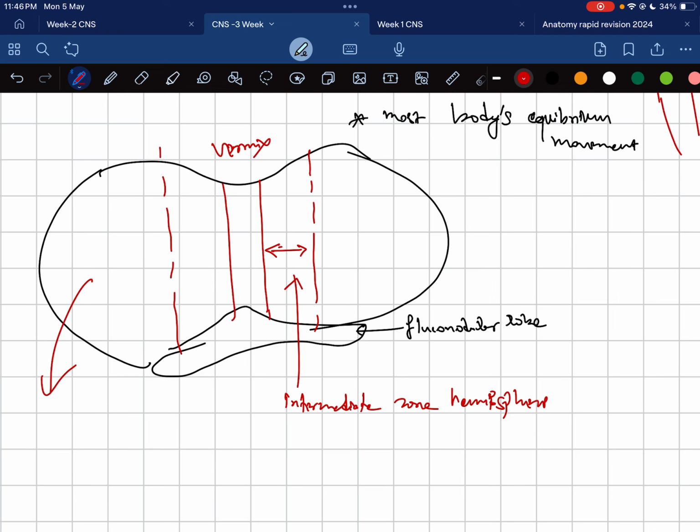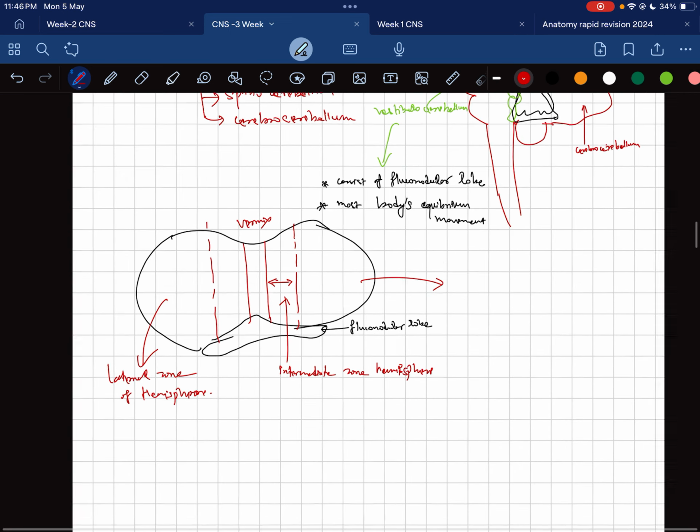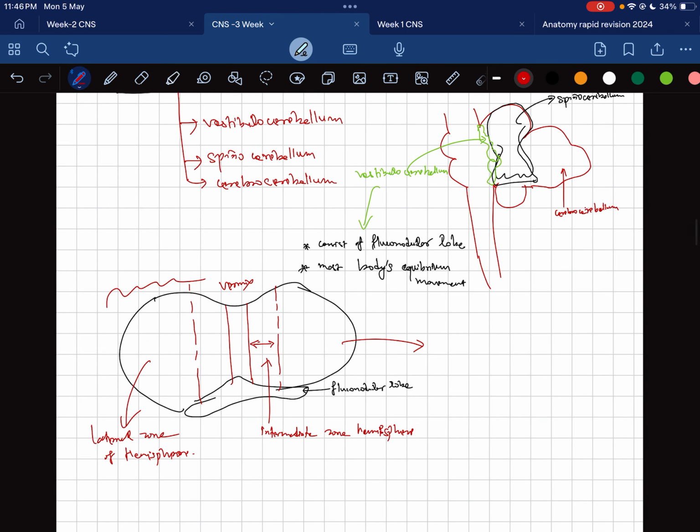Then there is a lateral zone of the hemisphere. These are the lateral zones of the hemisphere. So these are the hemispheres from here.